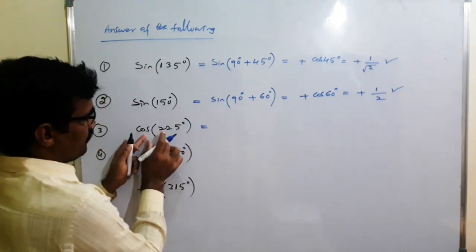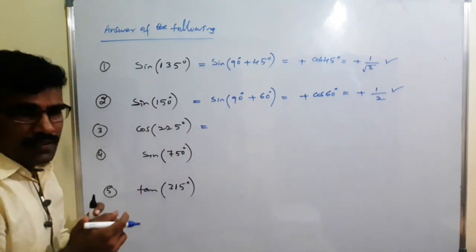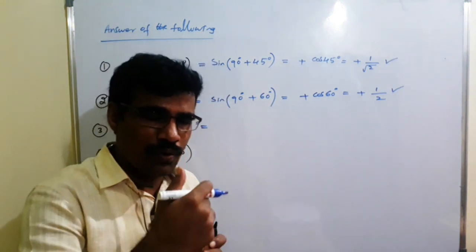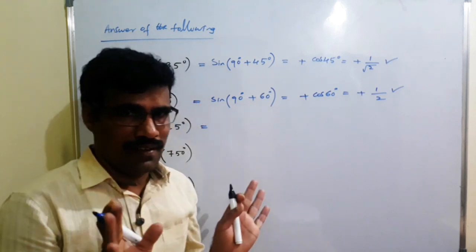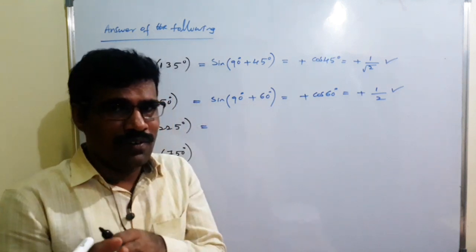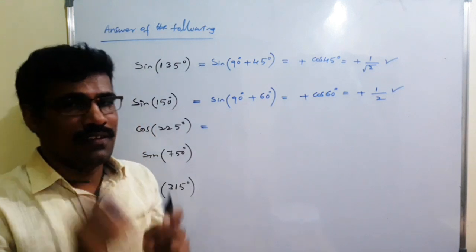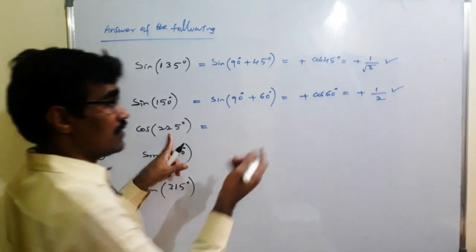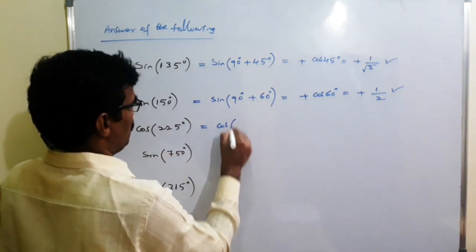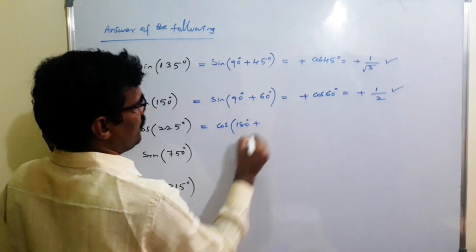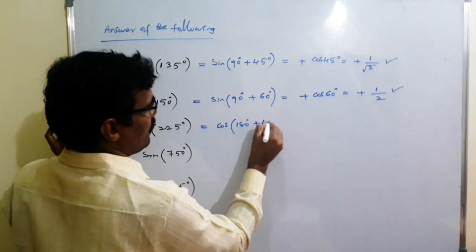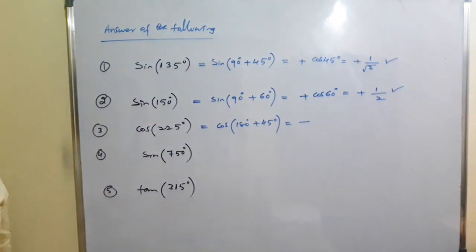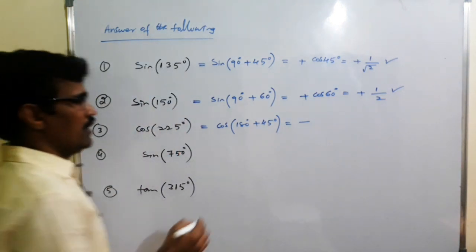Here cos of 225 degrees. 0 to 90 first, 90 to 180 second, 180 to 270 third. So that's why 225 is the third quadrant. Cos of 180 degrees plus the remaining 45, which is equal to negative, definitely negative, because here third quadrant, negative.